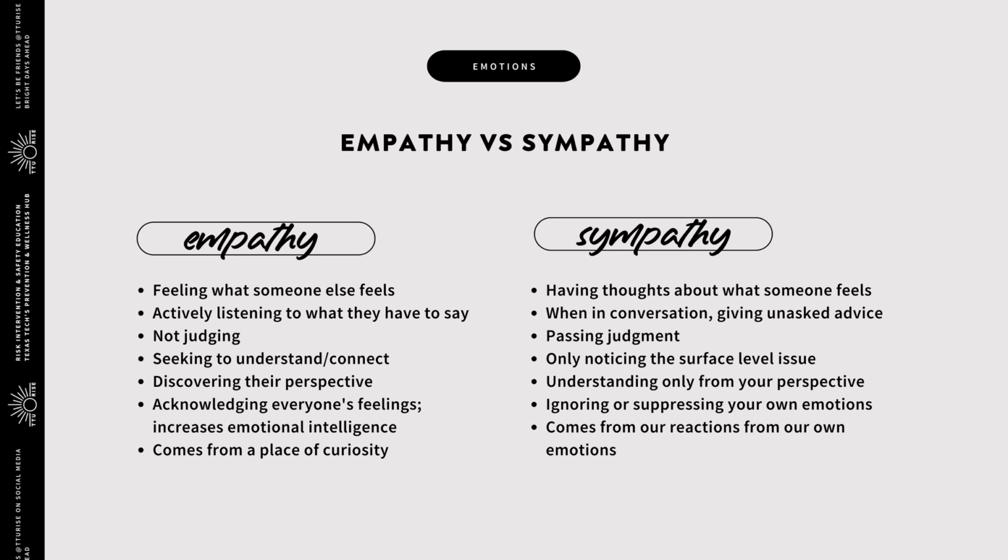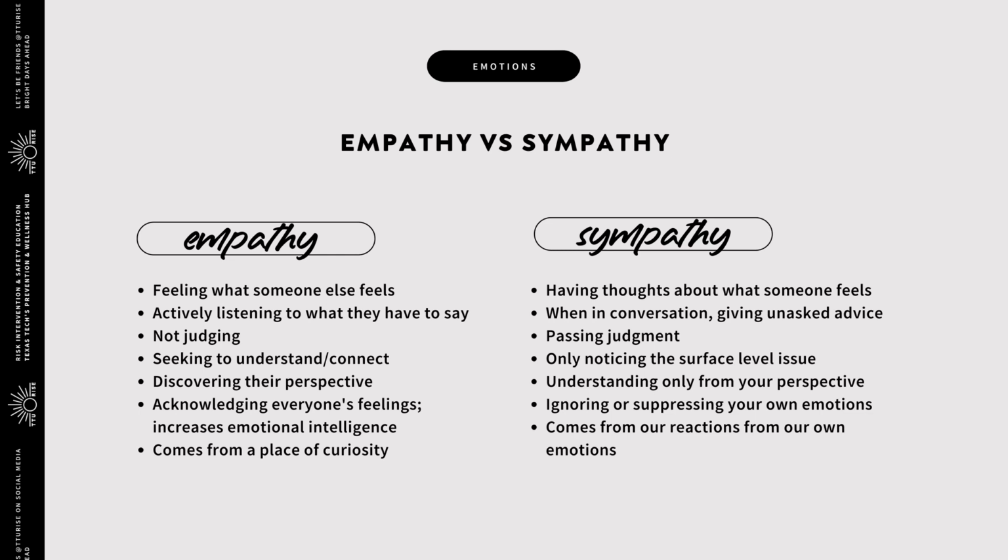So we want to shift to empathy. Empathy is more effective for driving human connection and understanding. So when you are responding empathetically, you're going to feel what someone else feels, and you're going to actively listen to what they have to say without judgment.